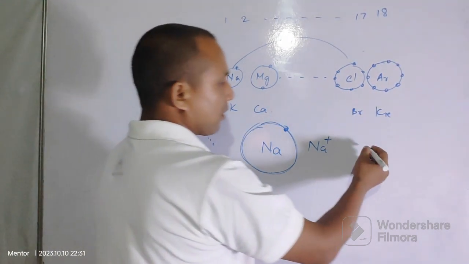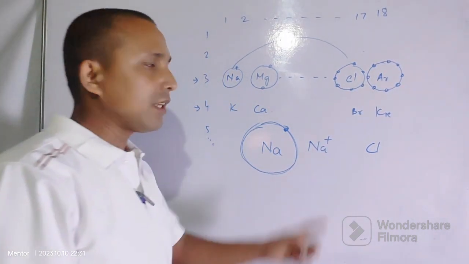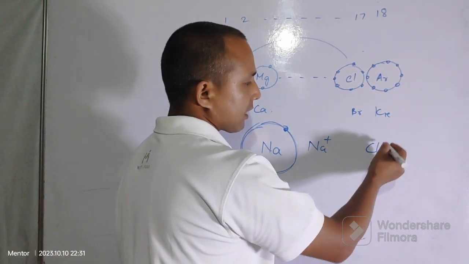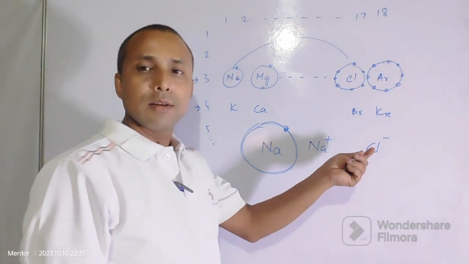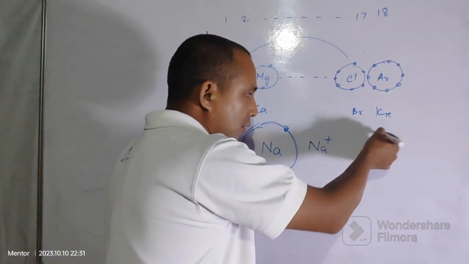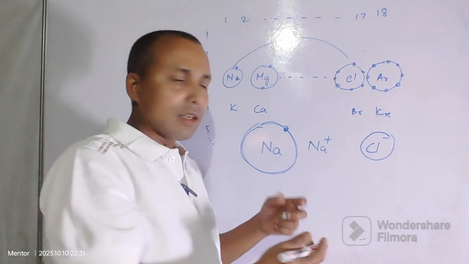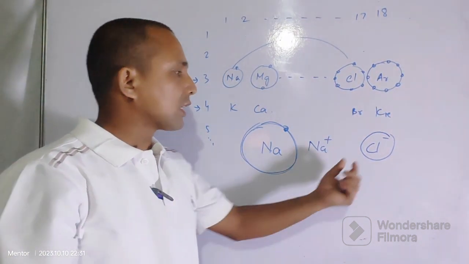At the same time, chlorine wants to take that 1 electron to complete 8 electrons in its outermost shell. So it needs 1 electron in its outermost shell. Therefore it always wants to bring it towards its center.